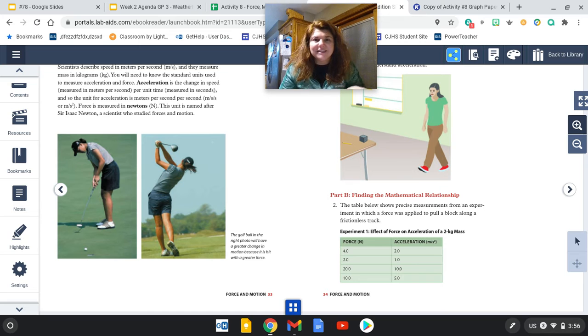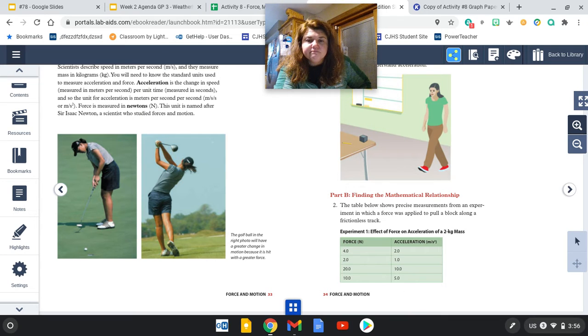So they calculated the speed. Because remember, we can calculate speed by saying distance divided by time. And so that would allow us to find how much it was accelerating over time.